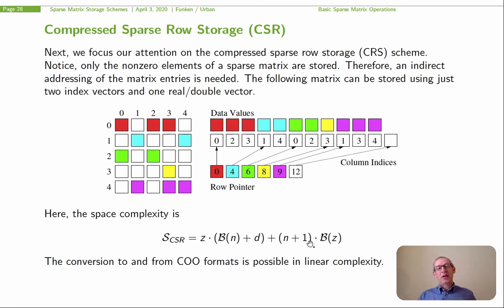But in general this grows only logarithmically and not like n, which is here linearly. So from the point of storage, we need less storage compared to the coordinate system. But the question may arise: is it quite easy or difficult to change the storage scheme?